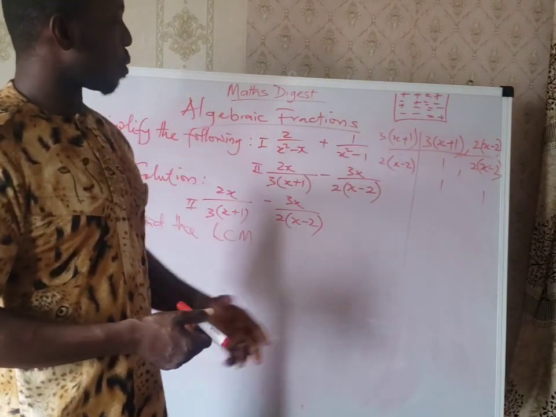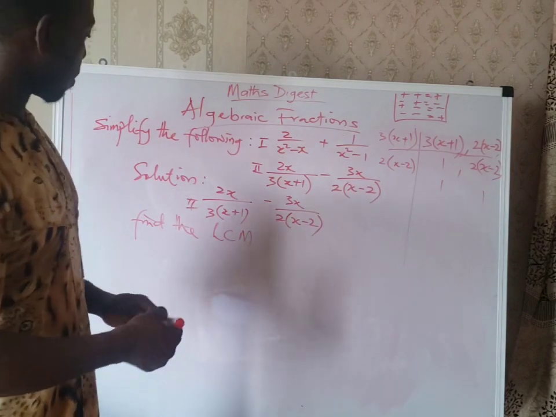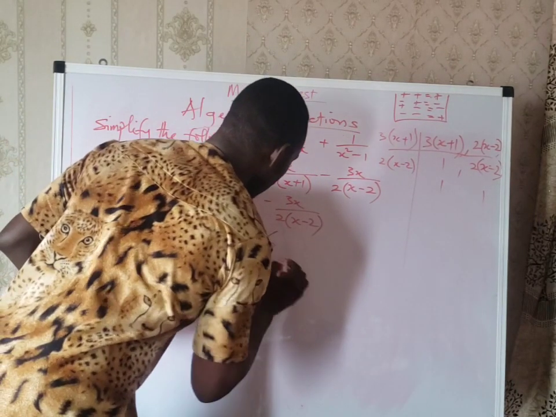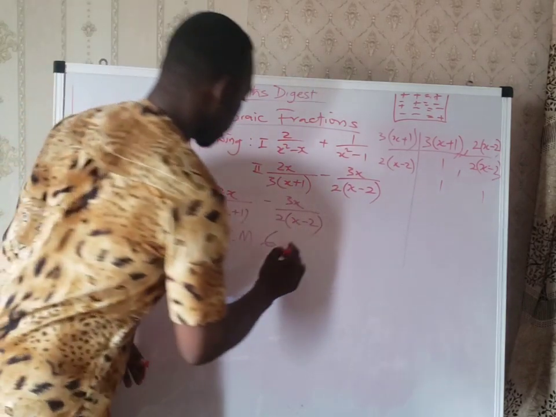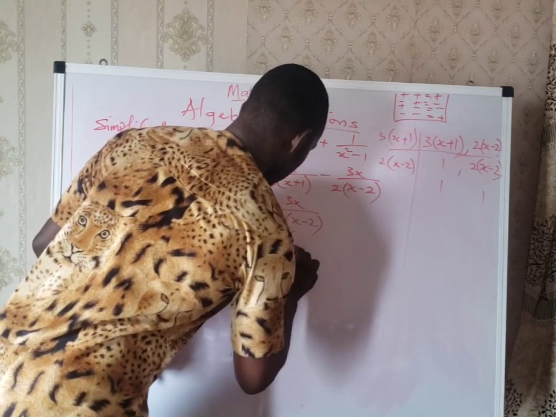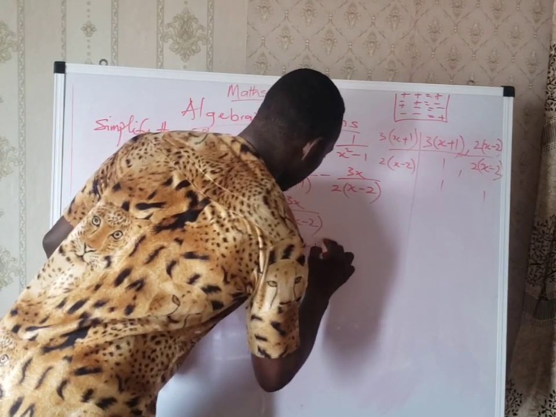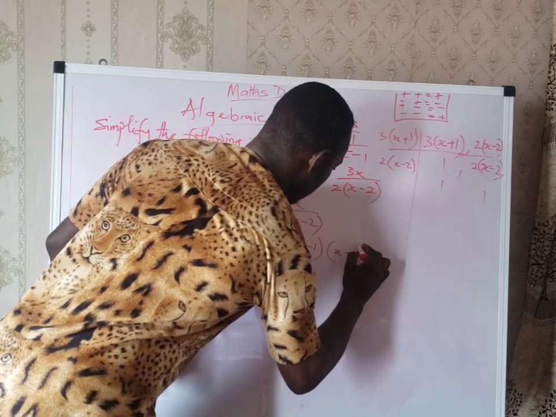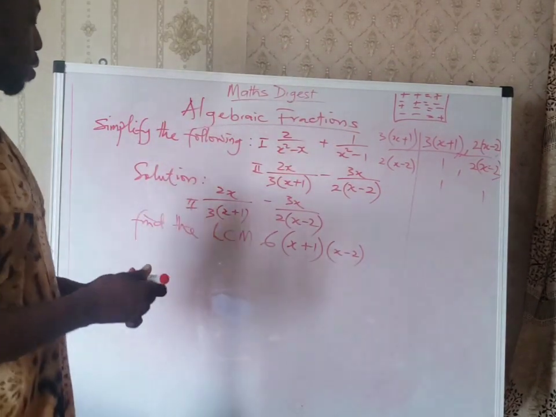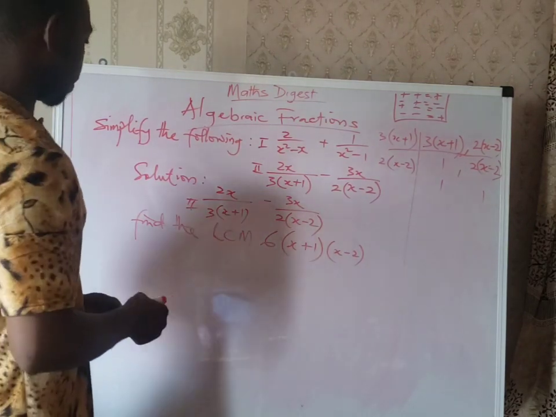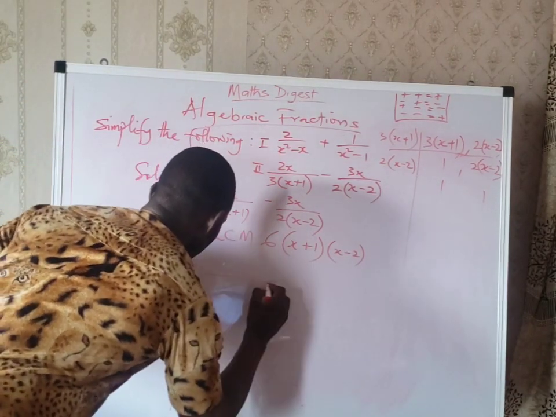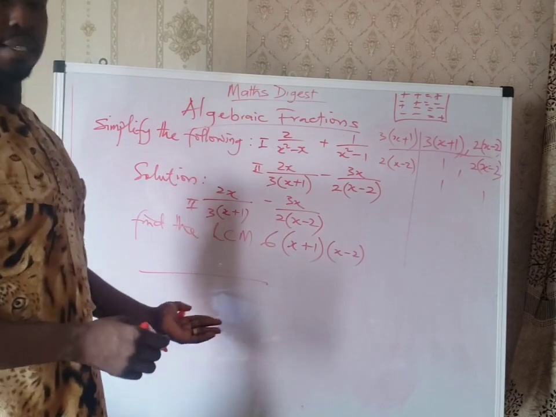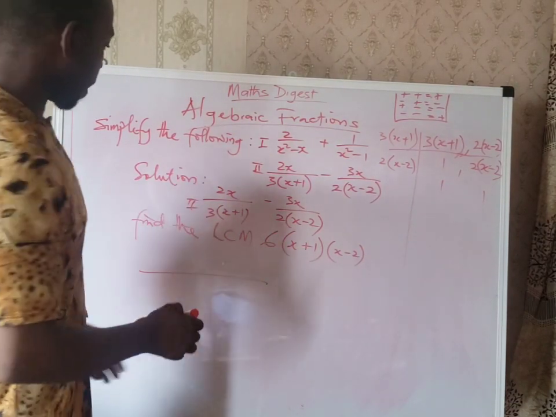We use the two and multiply each other, we have 6. So we can say 6, and this becomes the LCM. So we are going to bring it down here as the denominator for this to divide it.